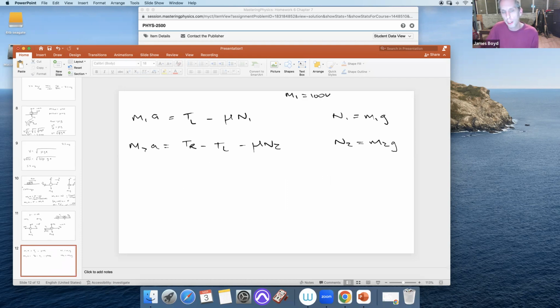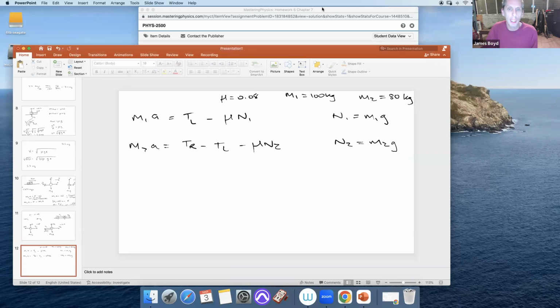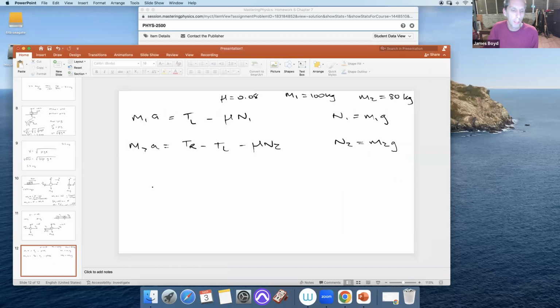M1 was 100 kilograms, M2 was 80 kilograms, mu was 0.08. So we need to figure out if rope 1, the one that we're calling T left, is 140 newtons. So if T left is 140 newtons, we want to find T right.